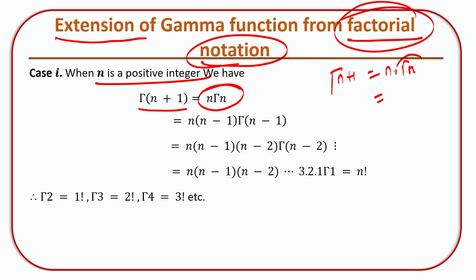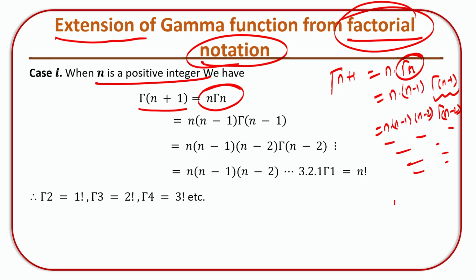Now, gamma n can be written as n minus 1 into gamma of n minus 1. This gamma of n minus 1 can be written as n minus 2 into gamma of n minus 2, and so on. Using this, you will find n into n minus 1 into n minus 2 and so on down to 3, 2, 1.